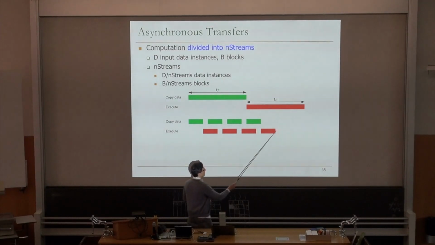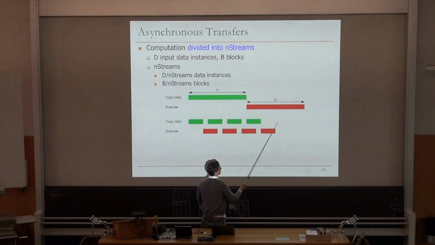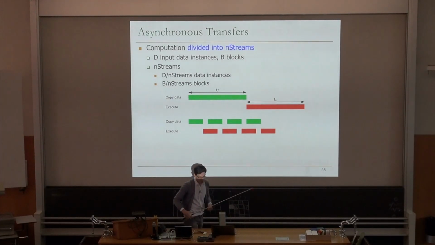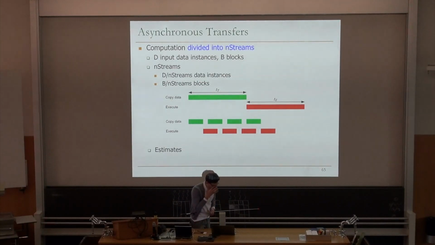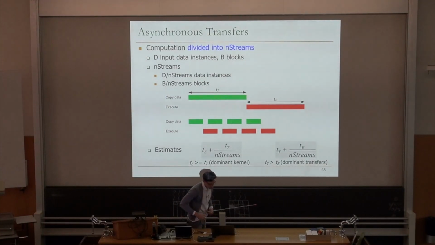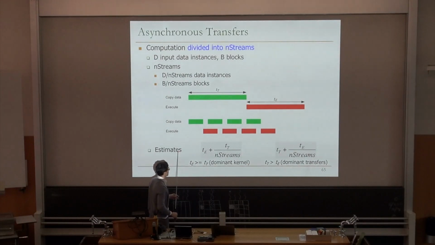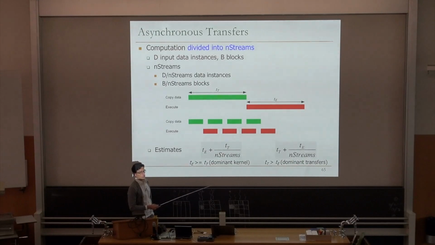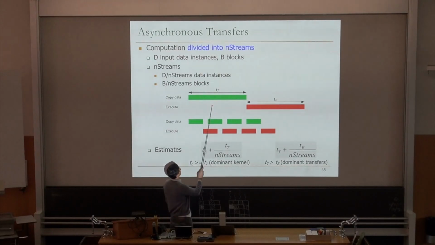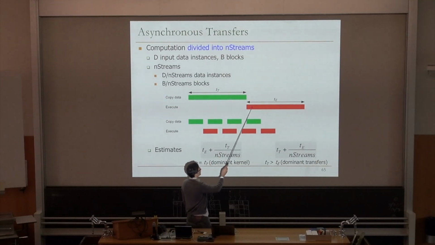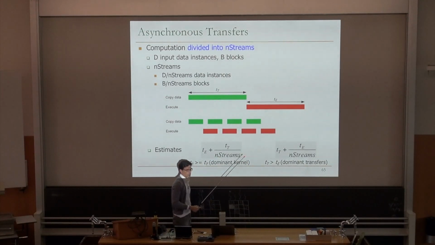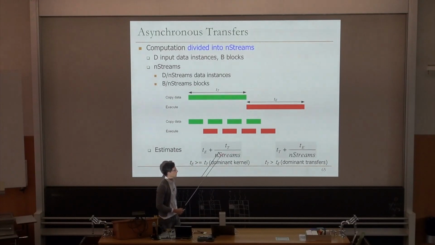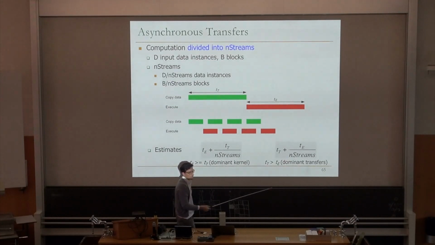So as you can see, there is a lot of execution time saving here. You can even calculate some estimates of what's the amount of time that you can save, right? This will also depend on what takes longer. In this particular picture, the data transfer time and the kernel execution time are exactly the same, but usually one will be larger than the other one.